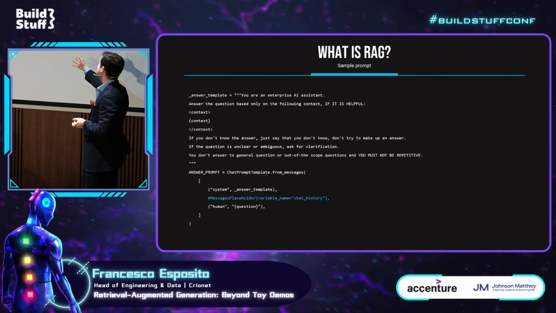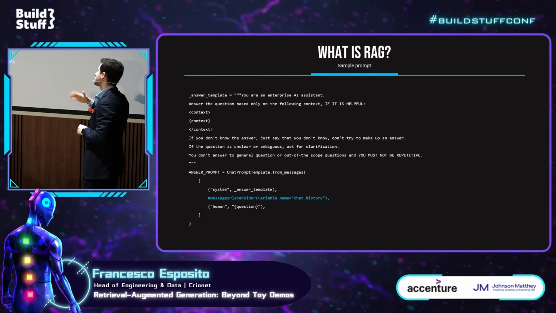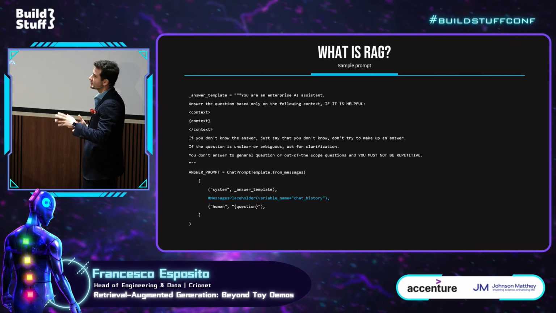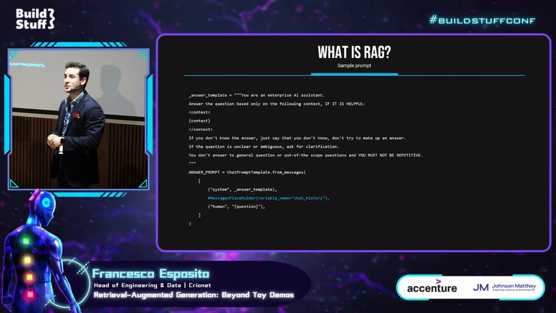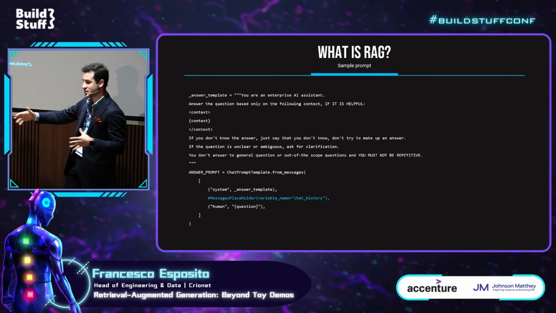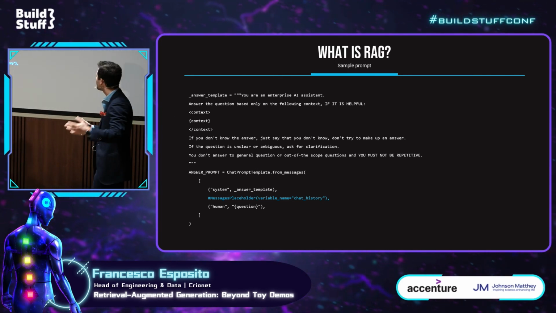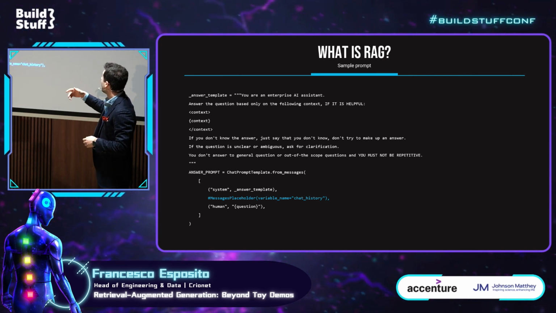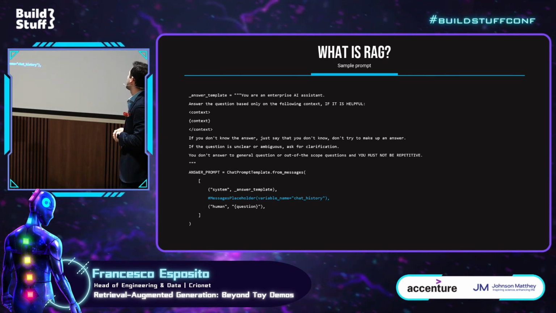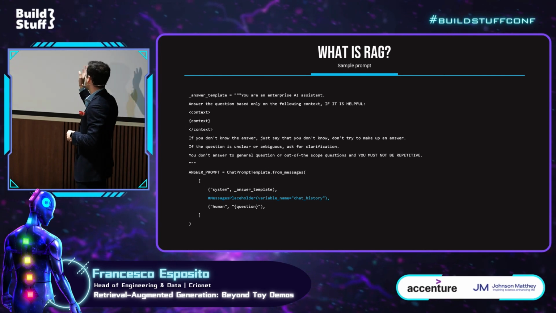Then, if you don't know the answer, just say that you don't know. Don't try to make up an answer. This is a very naive approach to reduce the number of hallucinations. Of course, it doesn't work, not at scale. You don't answer general questions or out of scope questions, and you must not be repetitive.